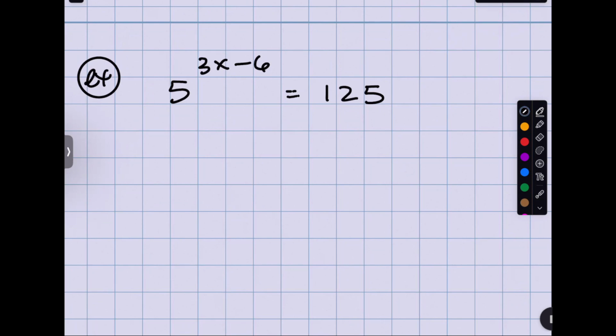There are 2 different ways of doing this problem. What's one? Oh, okay. So one way you can do is get it to the same base.